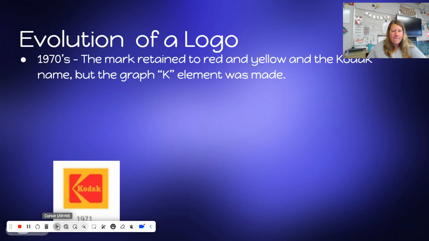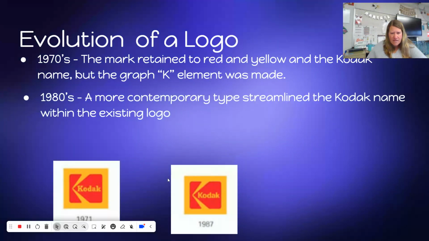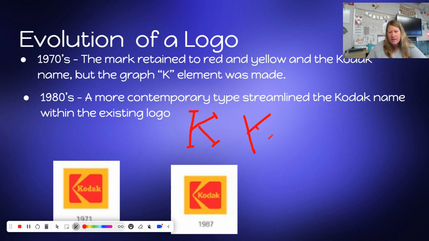And then the 1980s, it's still there, but they've used a different font. Now let me explain. So we have the K like this, the first one, has these little lines on the top. And then the other one, y'all, I'm using a mouse, so please be patient and don't judge.